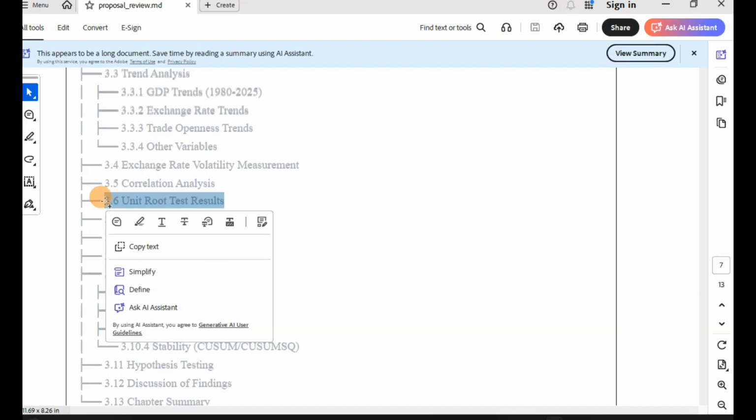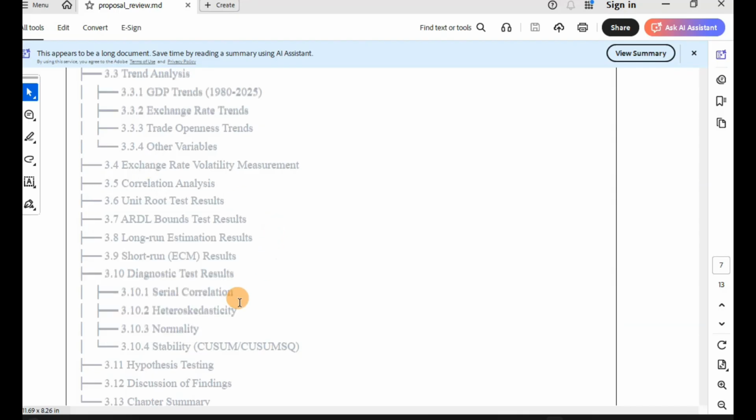We begin from the OLS assumptions. We test the linearity. We test for the unit root, whether our variables are stationary. Third, we test for heteroscedasticity. We test for serial correlation. We test for normality.